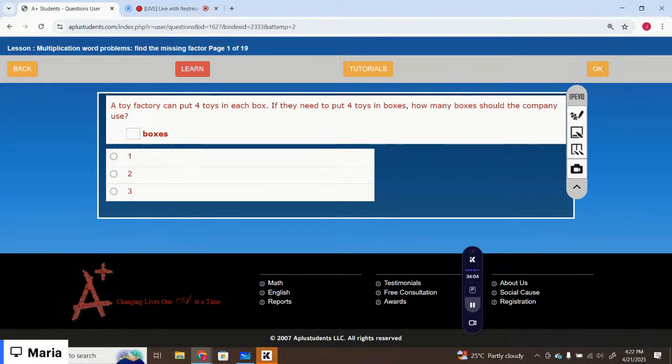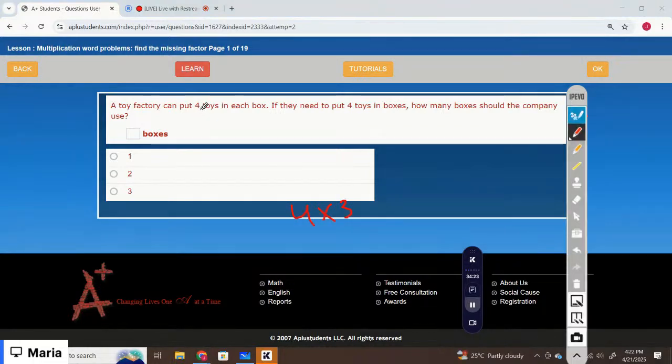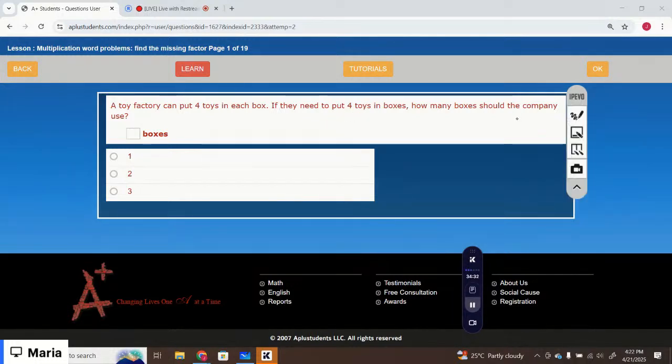A toy factory can put four toys in each box. If they put three toys in each box, how many boxes should the company use? They have a total of four toys. In each box, they're going to put four toys.